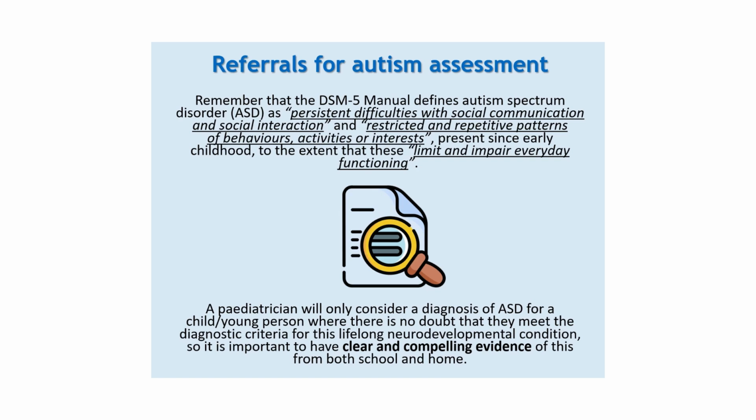A paediatrician will only consider a diagnosis of ASD for a child or young person where there is no doubt that they meet the diagnostic criteria for this lifelong neurodevelopmental condition. So it is important to have clear and compelling evidence of this from both school and home.